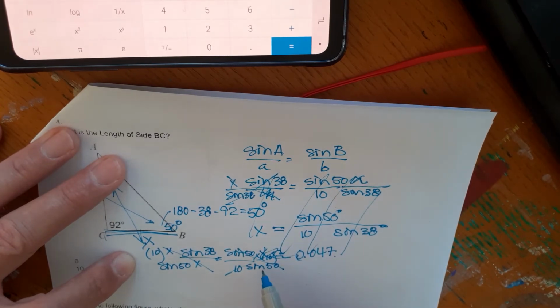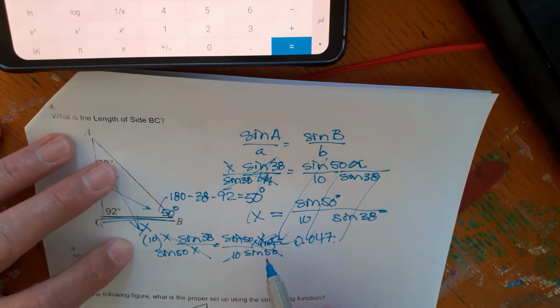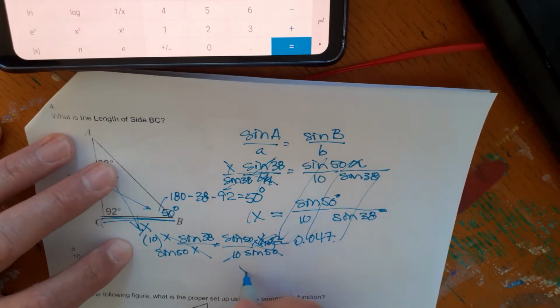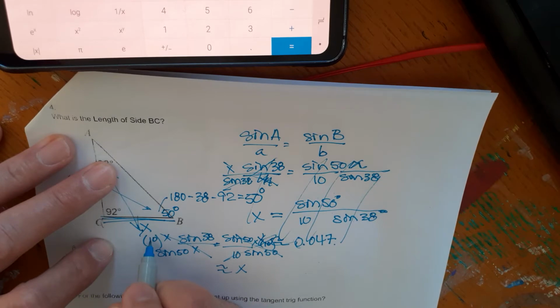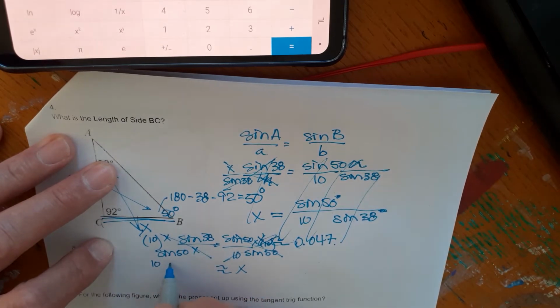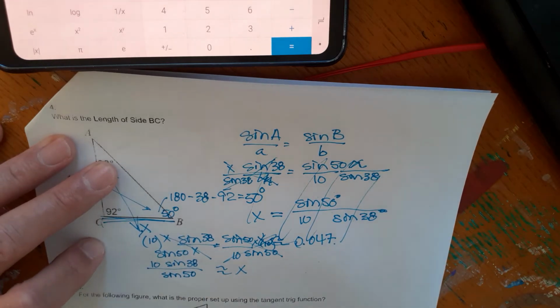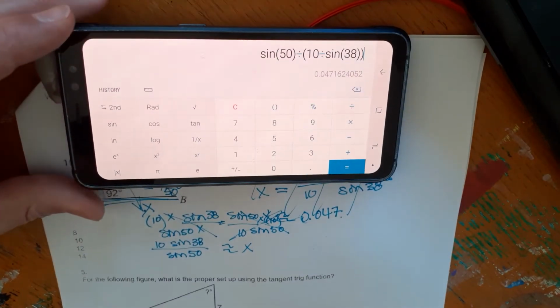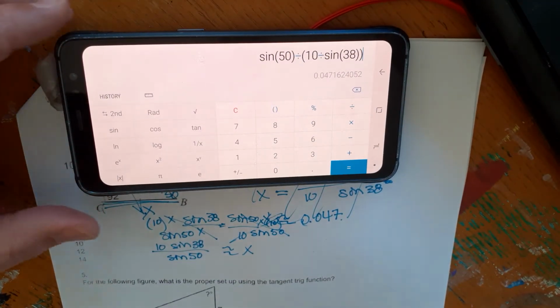So I'm not happy about the way I'm making this look for you. I apologize. We're going to have x is approximately equal to 10 times sine 38 divided by sine 50. My deepest apologies for that messiness. And all of you who like to do math in pencil, that's your reason, right? You can erase it all.